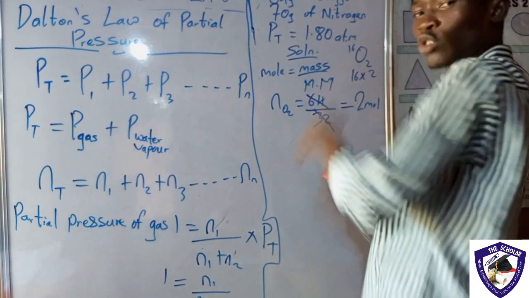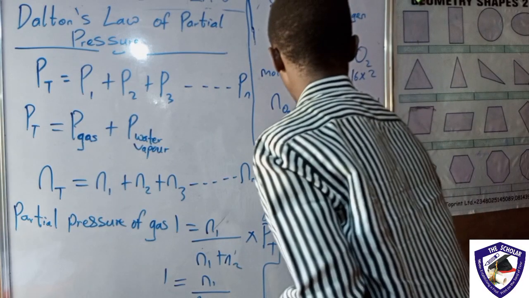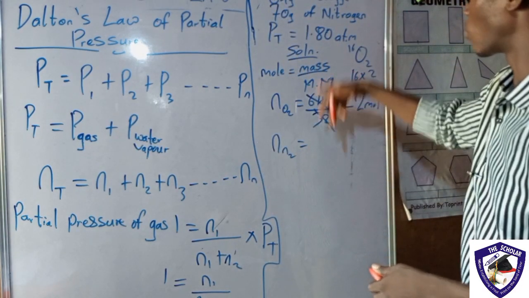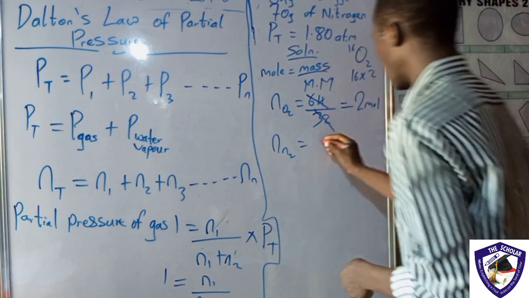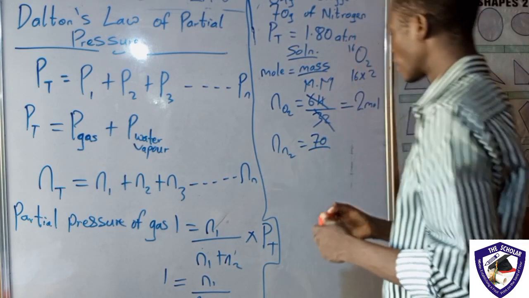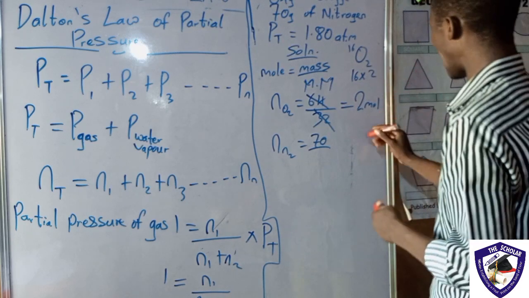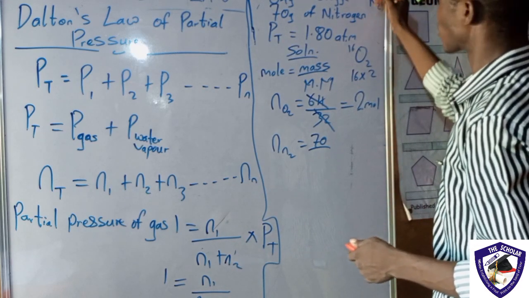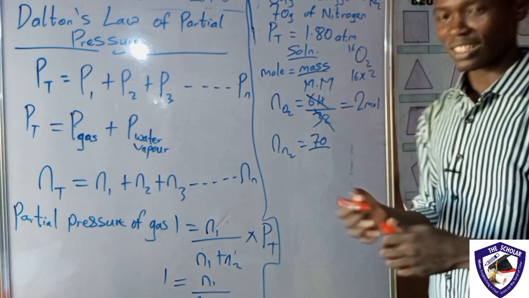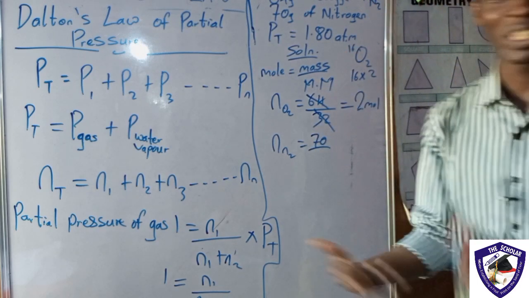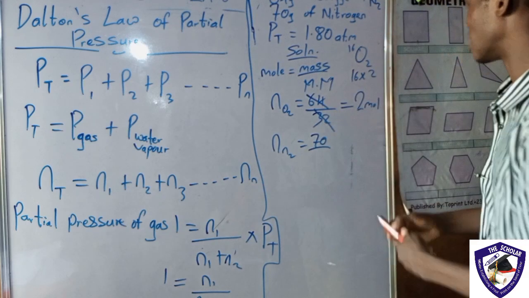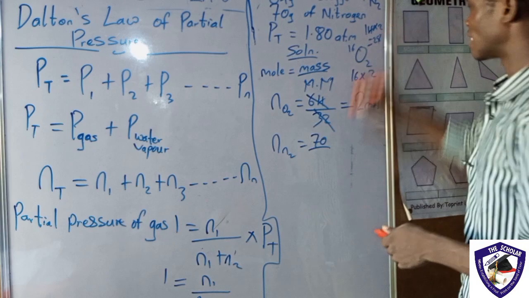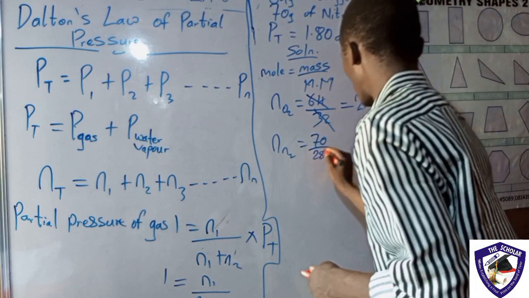Now, for nitrogen, number of moles of nitrogen equals, same thing, mass over molar mass. Our mass of nitrogen is 70 over. Nitrogen is also a diatomic molecule, N2, and the relative atomic mass of nitrogen is 14. All these things you need to know. They might not give you in your JAMB question. You need to know it. 14 times 2, 28. So here we have 28.